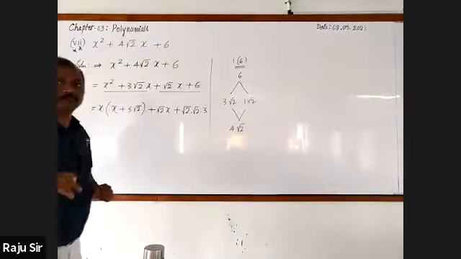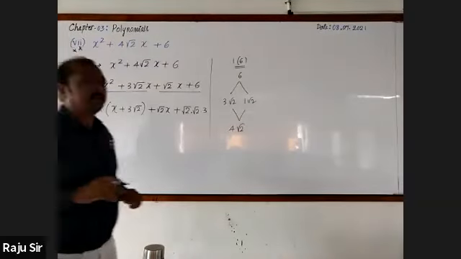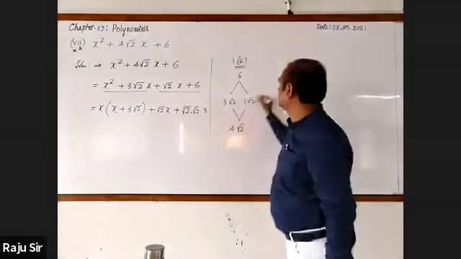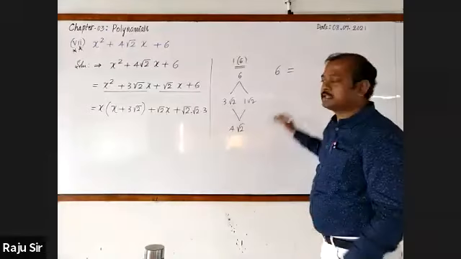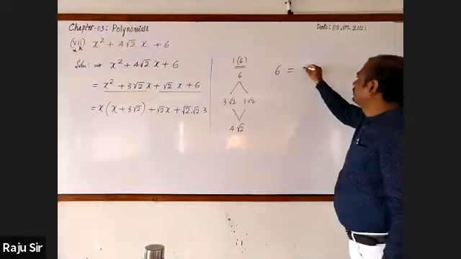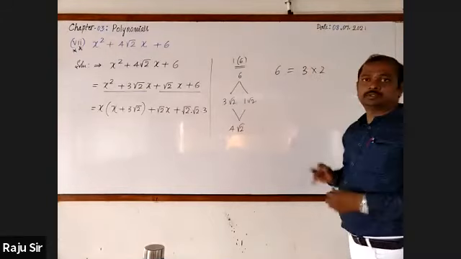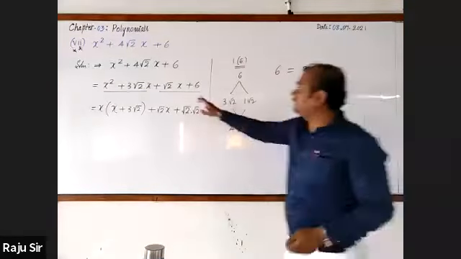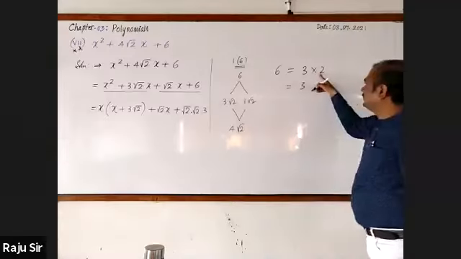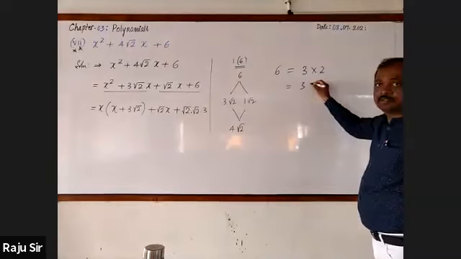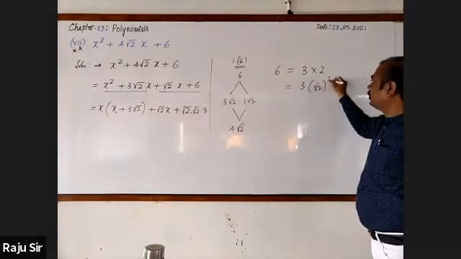Any doubt? No, sir. Once again, 6 is written as 3 into 2. That is why I am writing 2 as root 2 whole square.